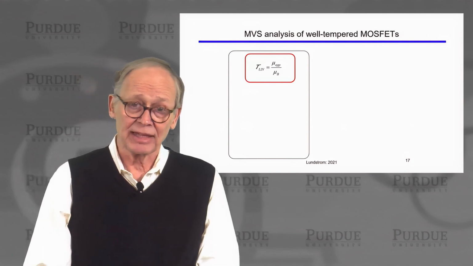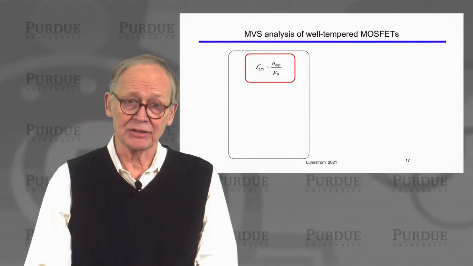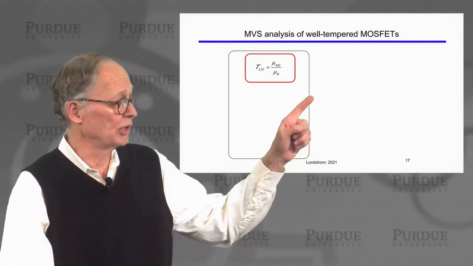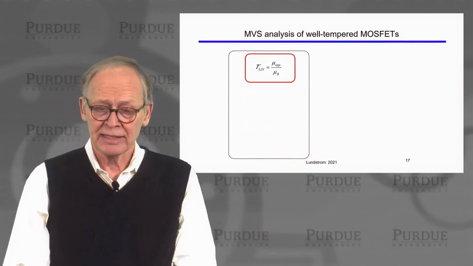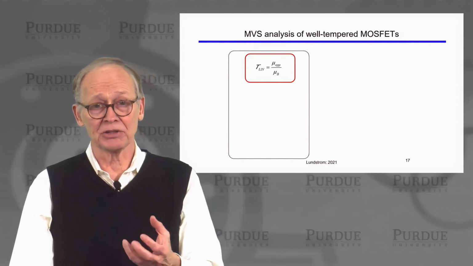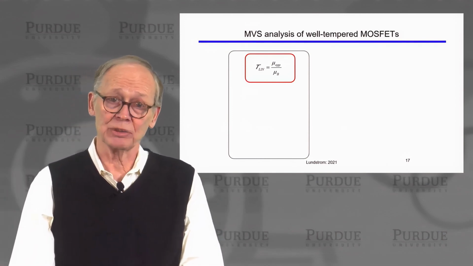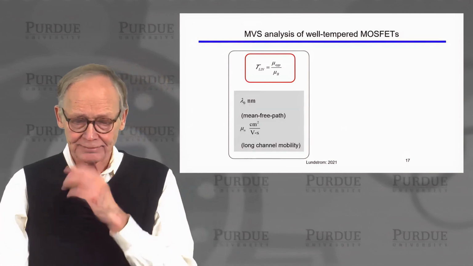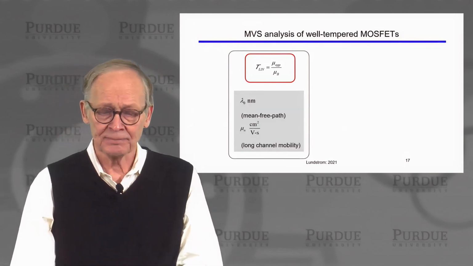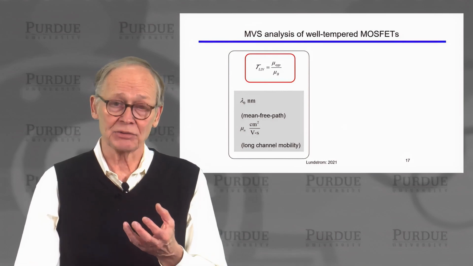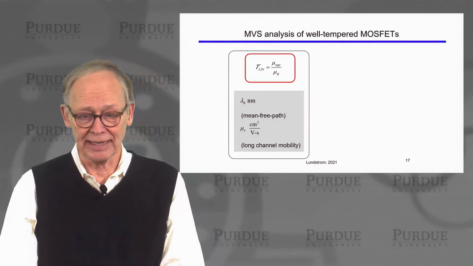We discussed very briefly how we might analyze measured data and extract some physical parameters like the transmission. So it's easy to show that the transmission is just the measured apparent mobility, which we extract from the data, divided by the ballistic mobility, which we can compute. By doing that analysis, we can extract the transmission. Knowing the transmission, we can extract the mean free path.